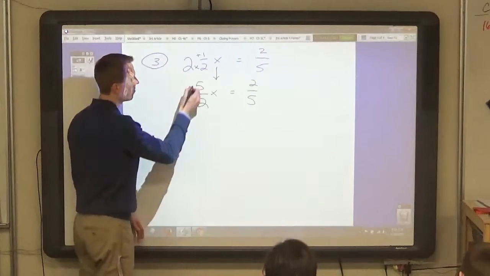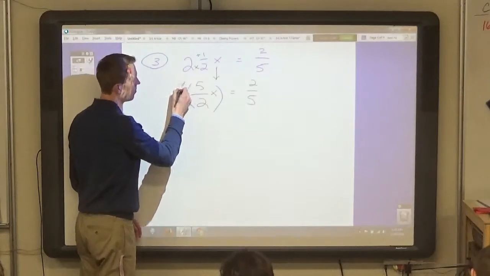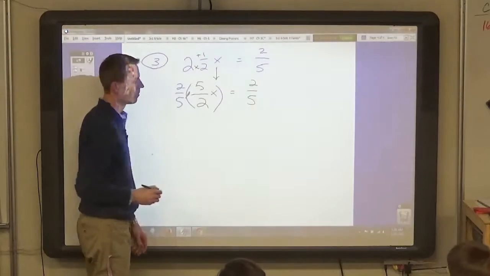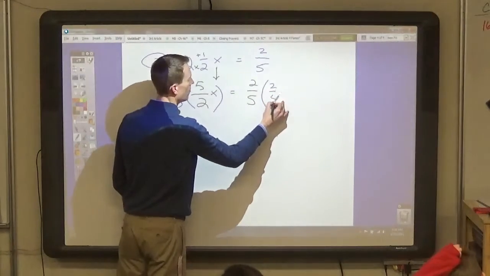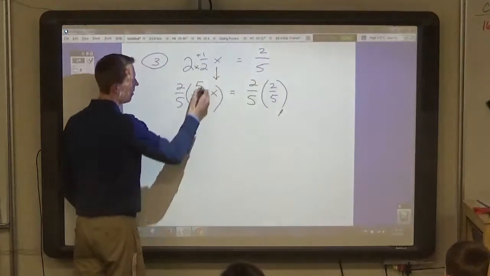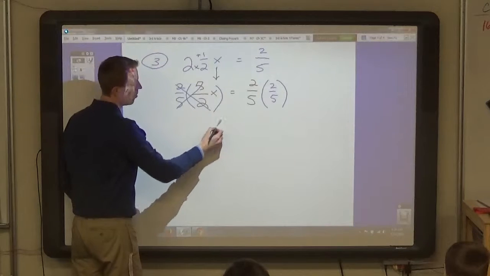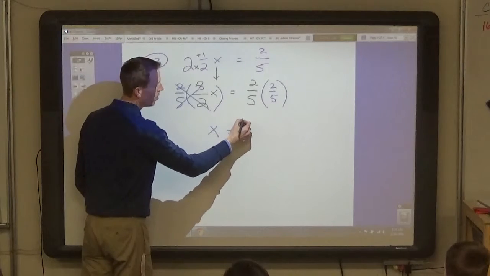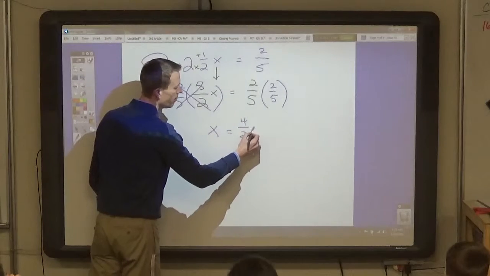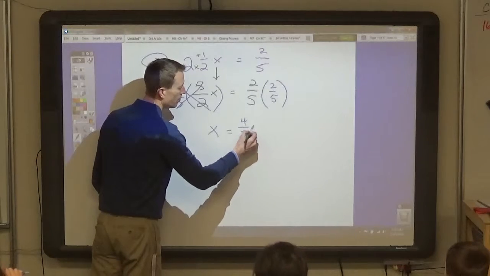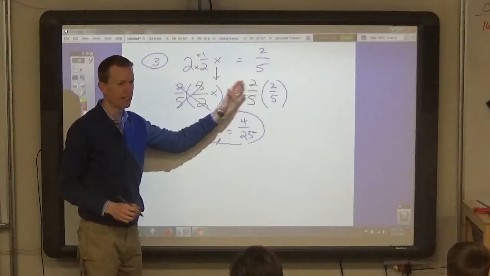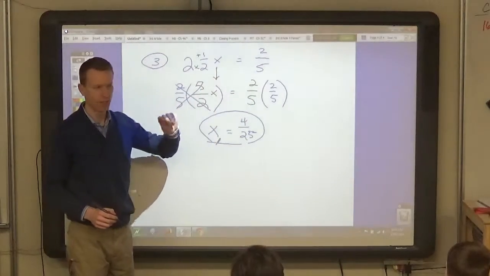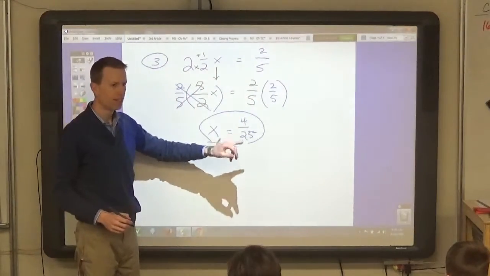Put parentheses on the 5/2 x, and then you do it times 2/5. And then you do it to the other side. And that's 4/25. So we cross these out. We're left with 1x equals 4/25. So even though these are reciprocals, that doesn't mean the answer is 1 or anything like that. Okay?